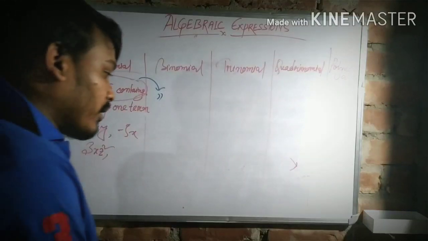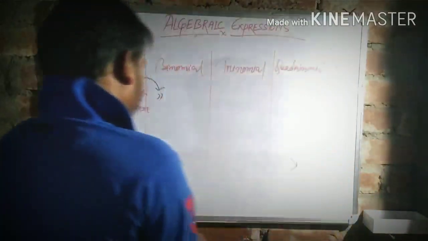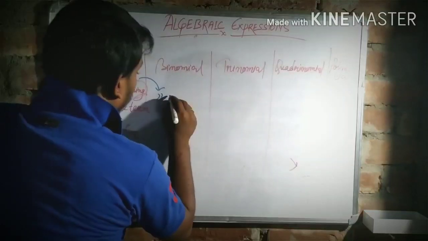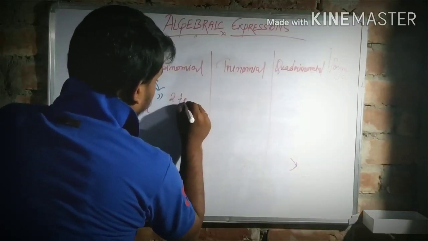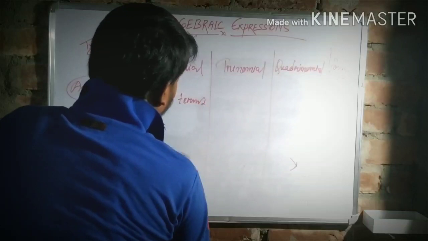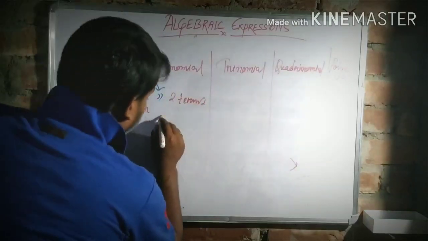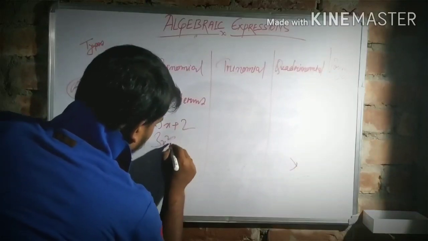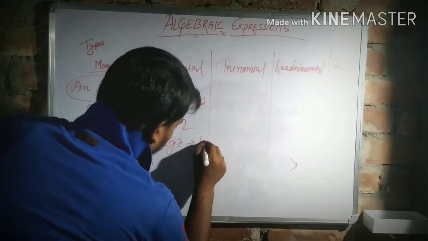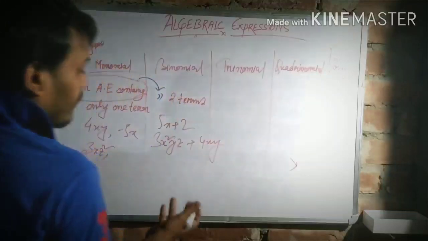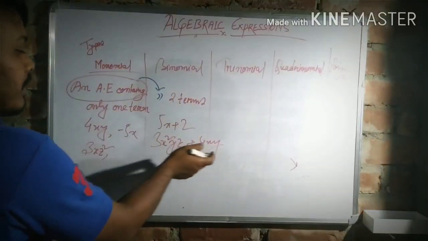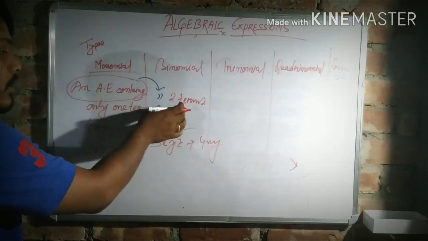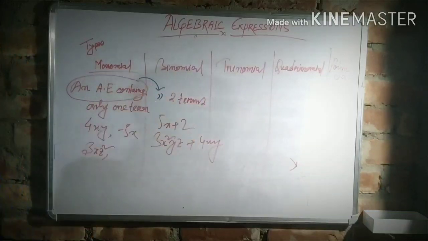An algebraic expression containing two terms is called a binomial. For example, 5x plus 2, 3x²yz plus 4xy. So one term, two terms. An algebraic expression containing two terms is called a binomial.